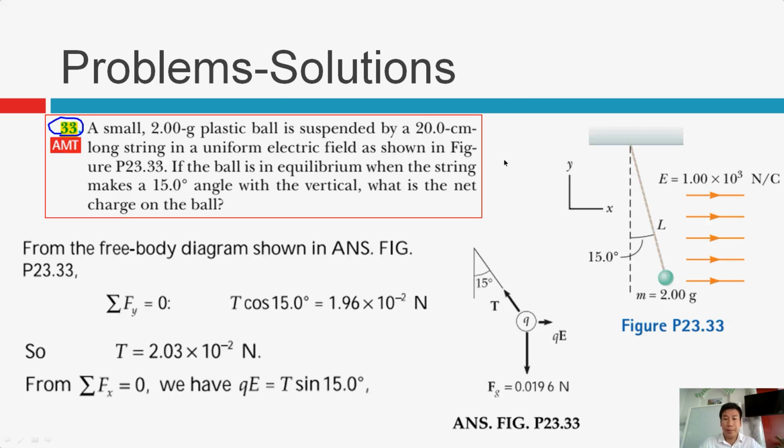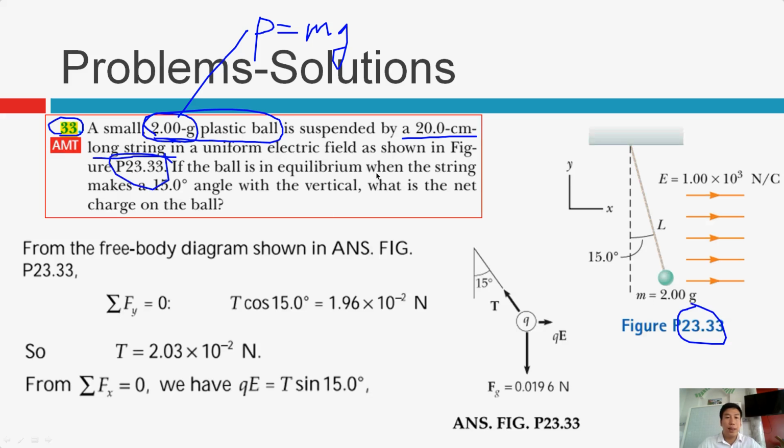Problem 33. A small 2-gram plastic ball. They give a mass. Please remember that when they give mass, you need to pay attention to the gravity force. The ball hangs from a long string in an electric field.